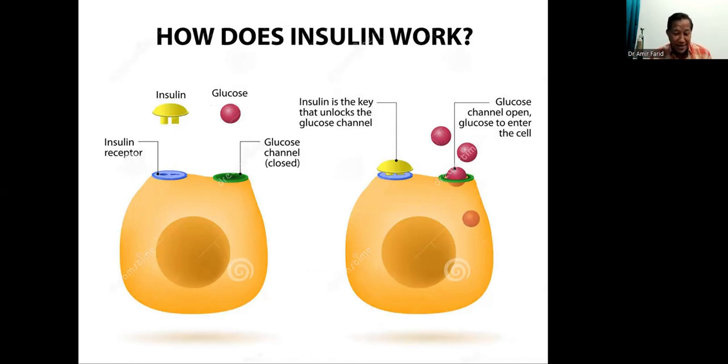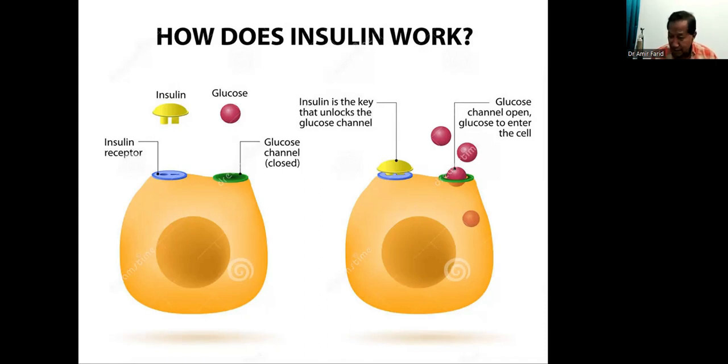So the cells that require glucose will have an insulin receptor and a glucose channel. But the glucose channel is closed. It can only be opened when the signal from the insulin arrives, that is, when the insulin is locked onto the insulin receptor. Then internally signals are sent to the glucose channel for it to open. And only then can the glucose come in.